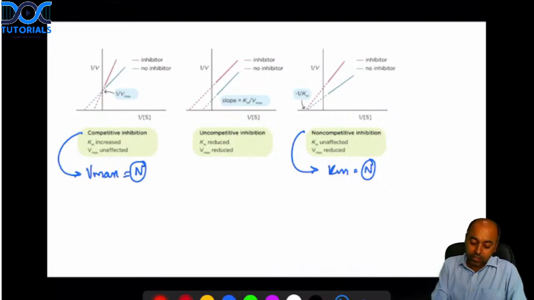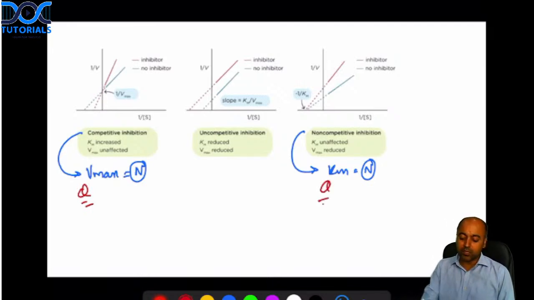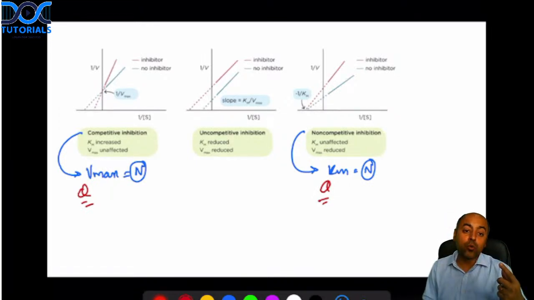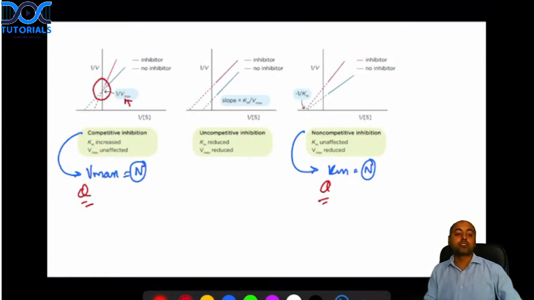So if you remember only these two things, Vmax normal in competitive, Km normal in non-competitive, then your work will become simple. Why? Because these two points can be seen on the graph. Where the graph crosses the y-axis, this is 1 upon Vmax.